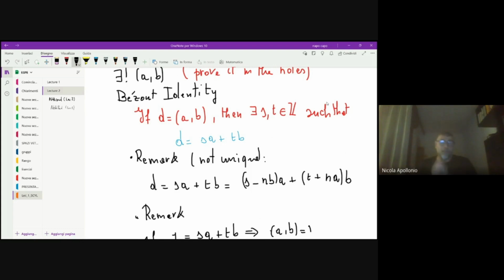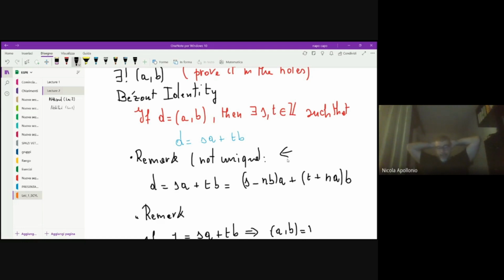Clearly, this is true. Why is it true? Because D is, by what we proved, the smallest of such linear combinations. Therefore, there exists one. Please note, however, that differently from what we said about Euclidean division, S and T are not uniquely determined.